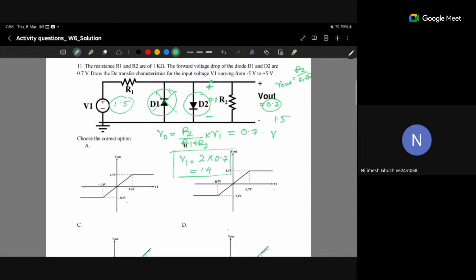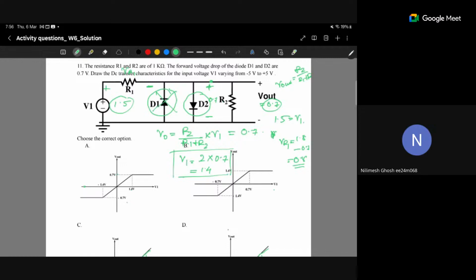But if we ask what is the voltage drop across here, plus minus here, let's say it is VR1. Then VR1 at V1 equal to 1.5 volt will be what? 0.8. 0.8, exactly. 1.5 minus 0.7 will be 0.8 volt.